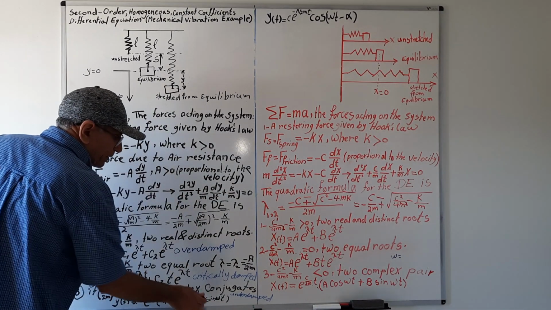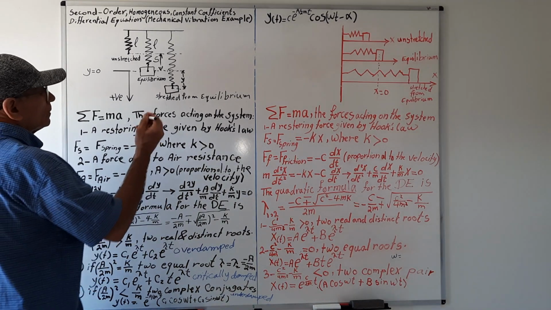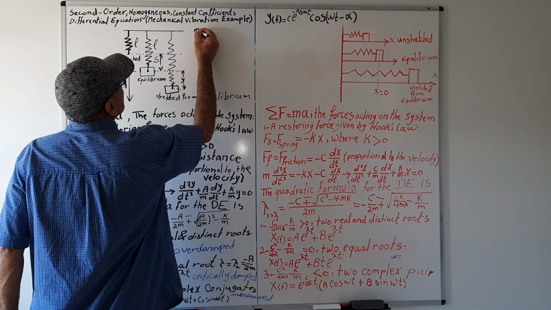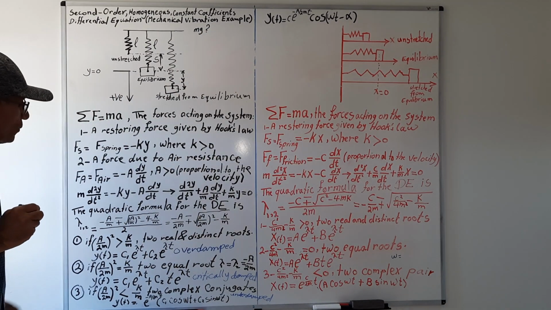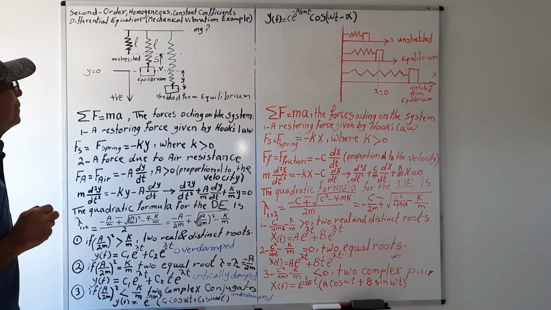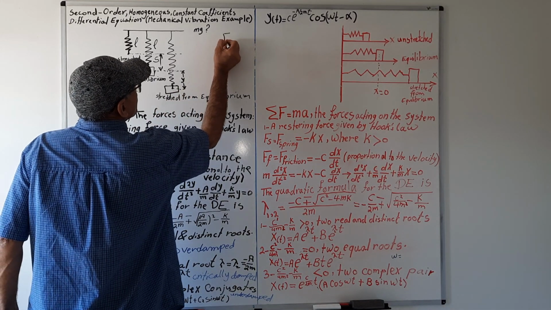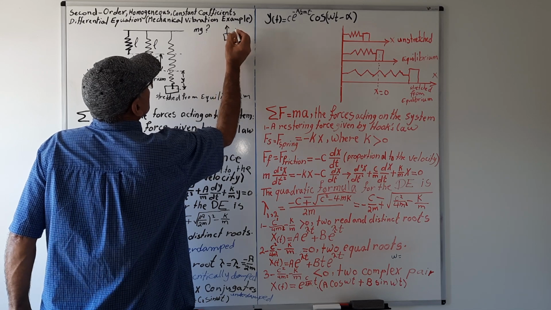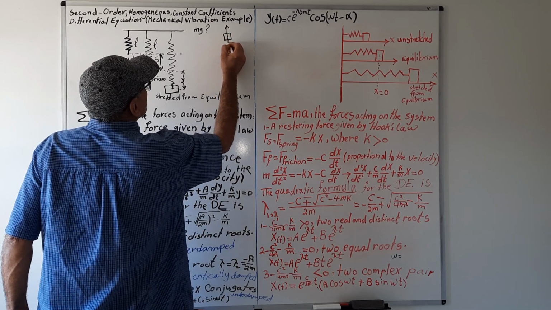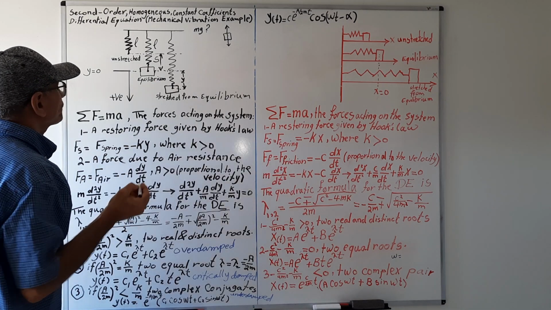A very important thing and a very good question: where is mg? It is not mentioned in our differential equation. So from the equilibrium we have this, and in the equilibrium there is no motion.